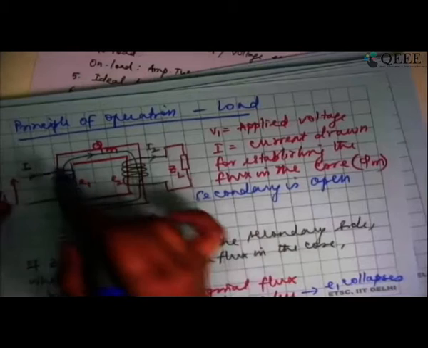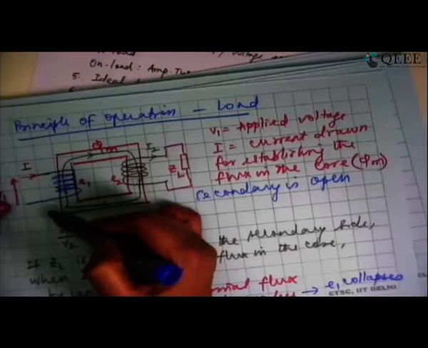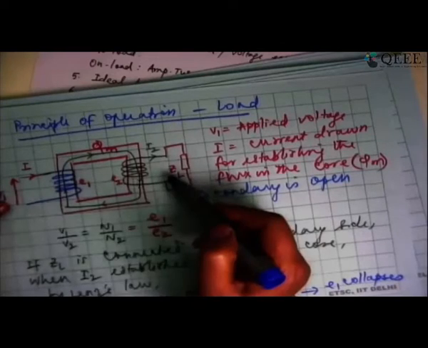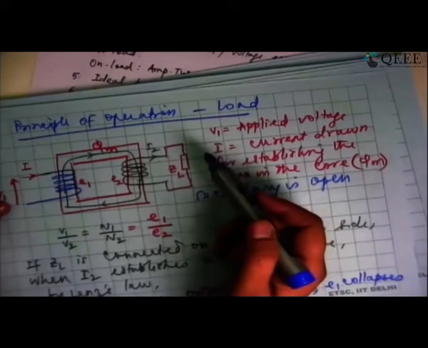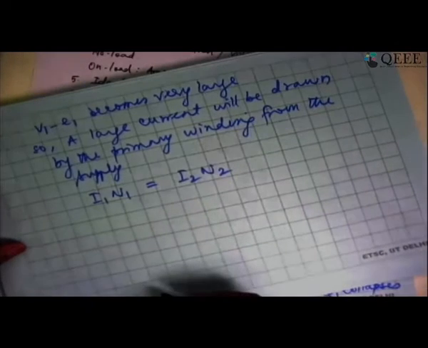Only if I1 N1 equals I2 N2 will the new flux, due to the new current drawn by the primary, be able to counteract the current drawn by the secondary side load. So I am going to have ampere turn balance, saying that I1 N1 has to be equal to I2 N2.